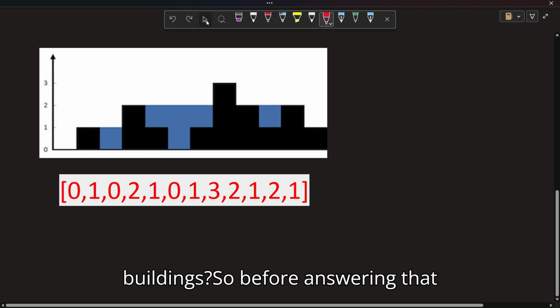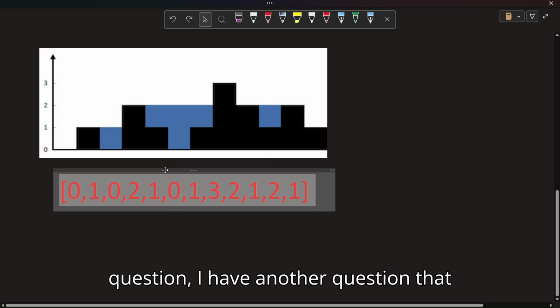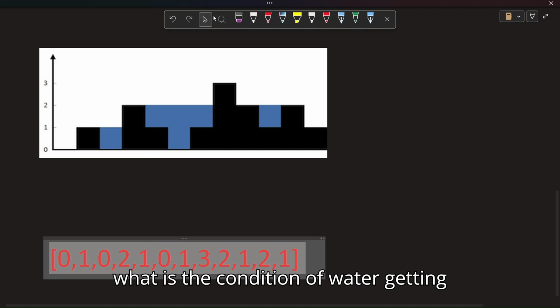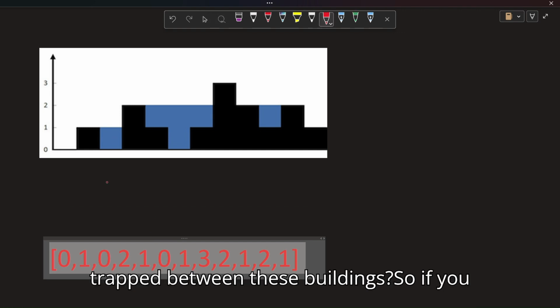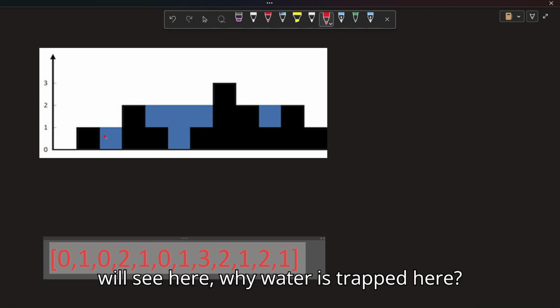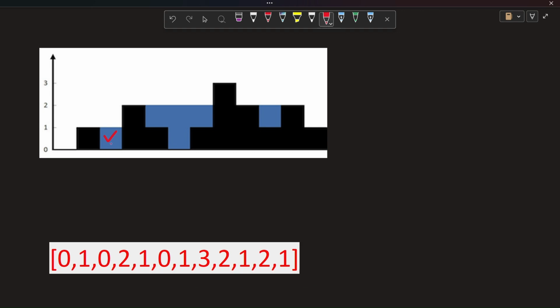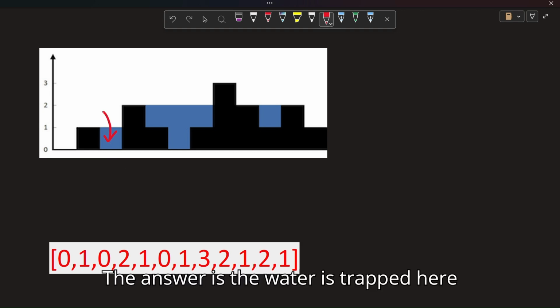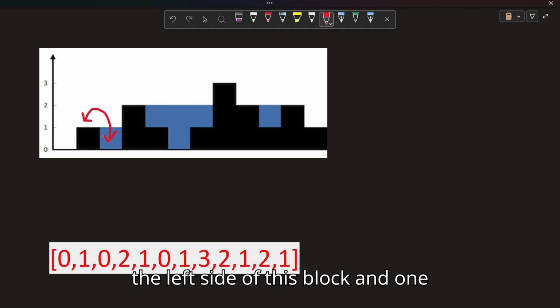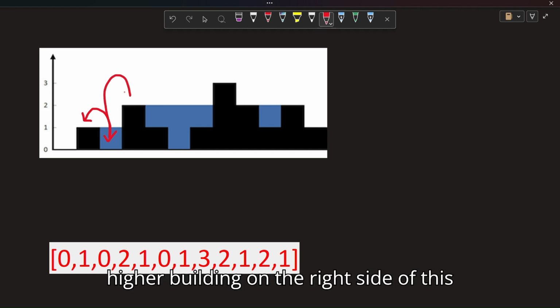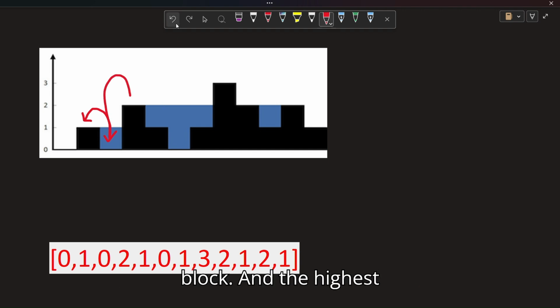Before answering that, I have another question: what is the condition for water getting trapped between these buildings? Why is water trapped here? The answer is that there is a higher building on the left side of this block and a higher building on the right side of this block.